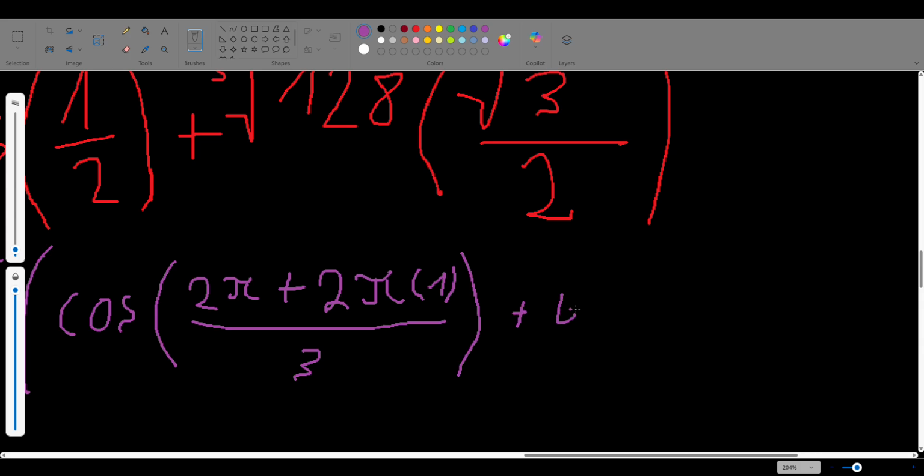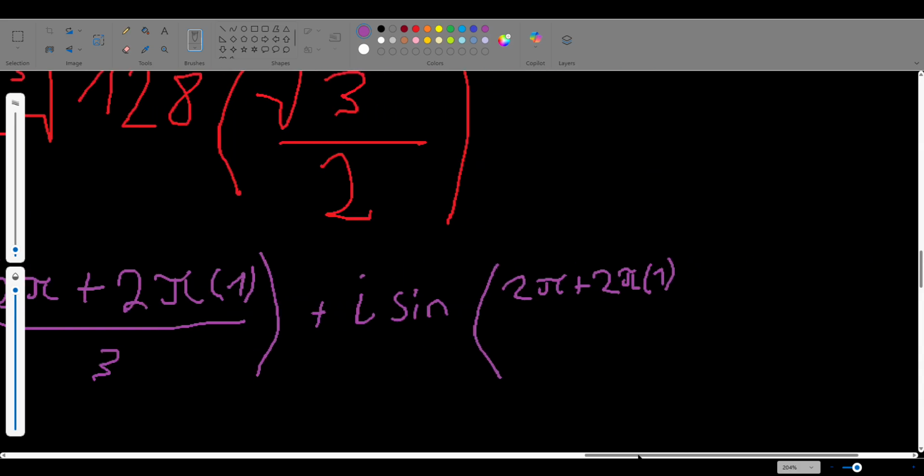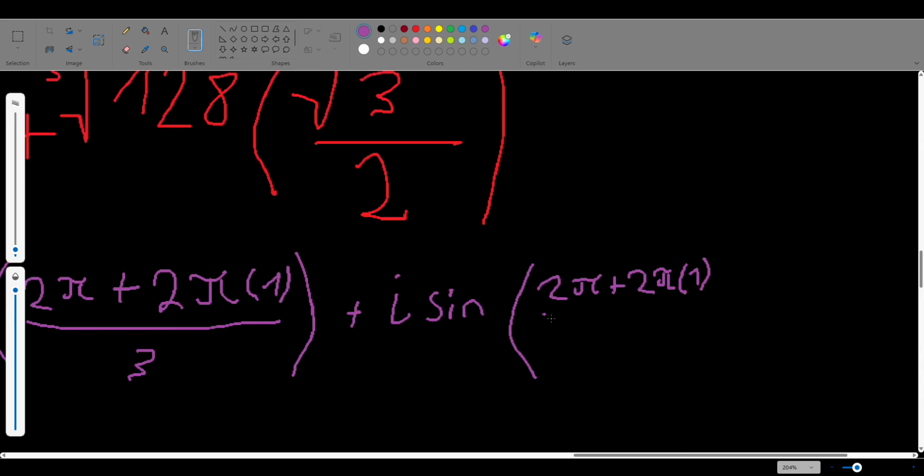We're going to also do the sine for this, i times the sine of 2 pi plus 2 pi times 1. I just like to include it because then you guys see exactly what's happening. Okay? Divided by 3.